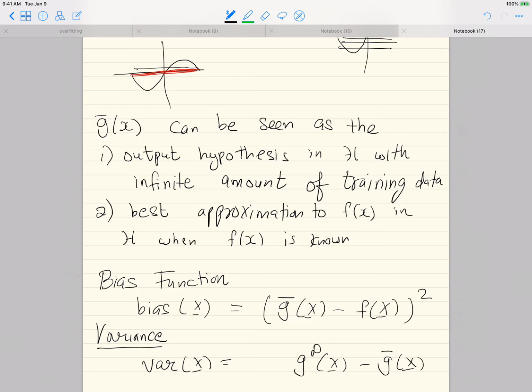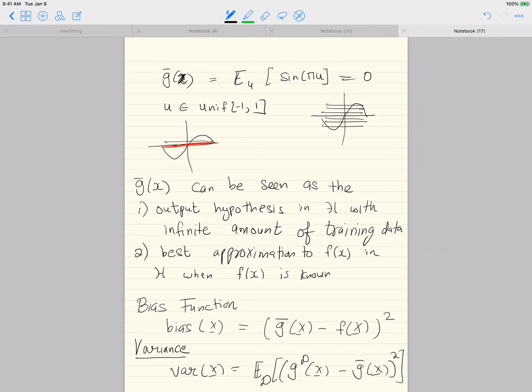You take the difference between the random output for one data set, subtract the mean from it, take the square, and take the expectation with respect to D. So this tells you how much does each individual output fluctuate with respect to the mean. So if you go back to this figure, it tells you how much is the fluctuation.